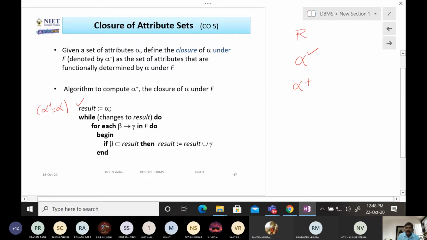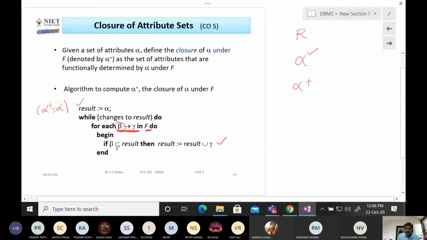In this loop, we will use another loop, and in that loop, for each FD of the FD set F, we see if the left hand side beta is a subset of or equal to the result, then result equals result union the right hand side attributes.